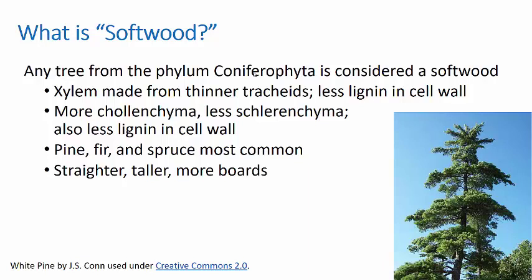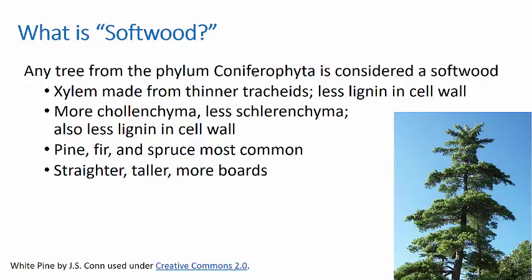In the conifers, you tend to find that the xylem, which is where your wood comes from, is made out of tracheids, which are the thinner elements when you're talking about xylem. We'll remind you of the name of the thicker xylem elements later. But the key is that they have less lignin in their cell walls.